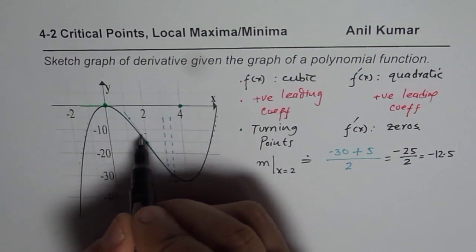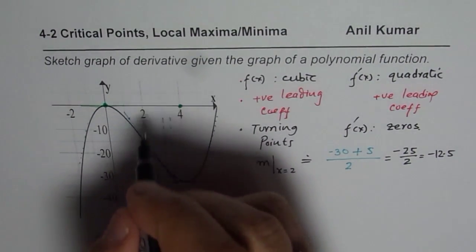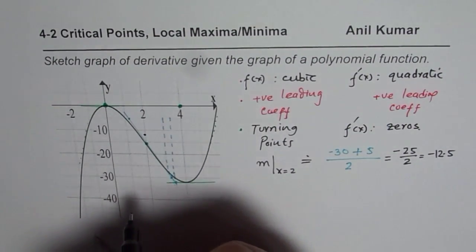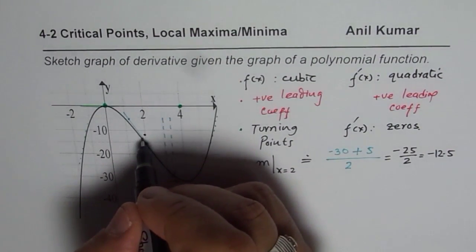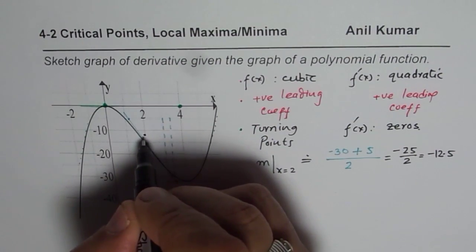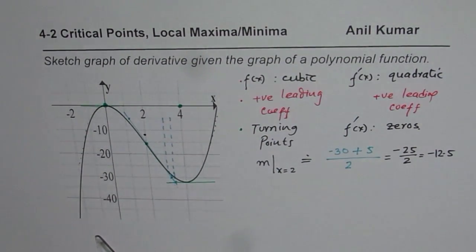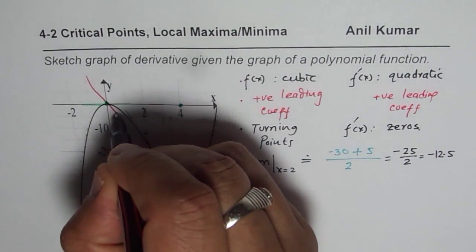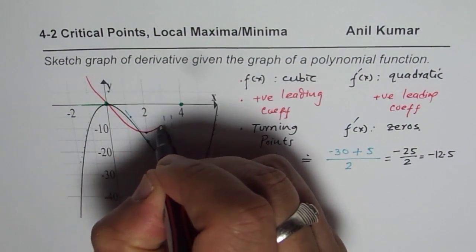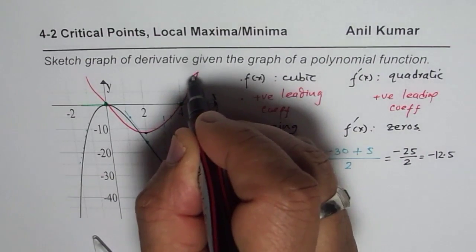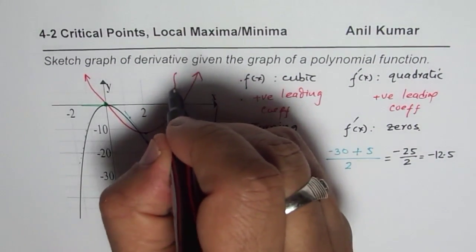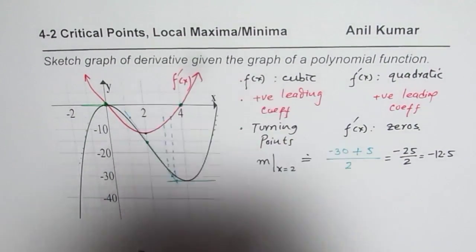So let us say this is our -12.5. Now, knowing these two x-intercepts, the zeros of our derivative, and the minimum value, we can always sketch the parabola, right? So let me sketch this parabola. It should be kind of like this, that kind of a graph, which is a parabola, and that represents the derivative of the given function.